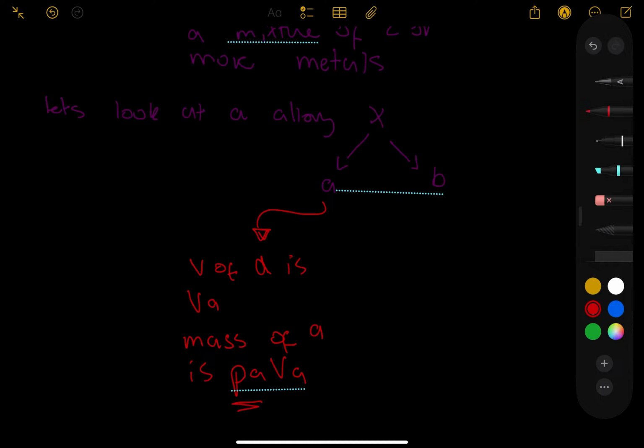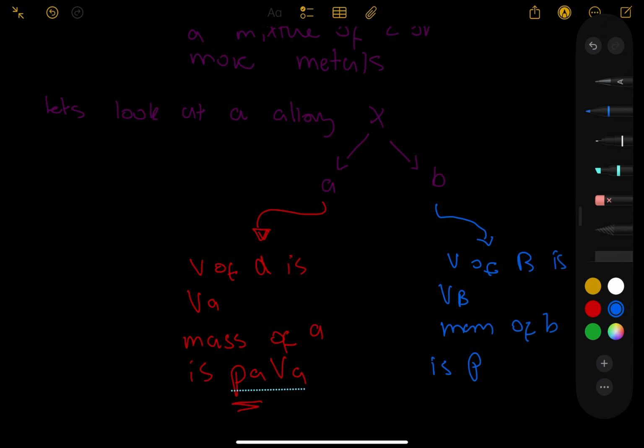And then we're going to do the same thing for B. So the volume of B is V_B, and therefore the mass of B is rho_B V_B.